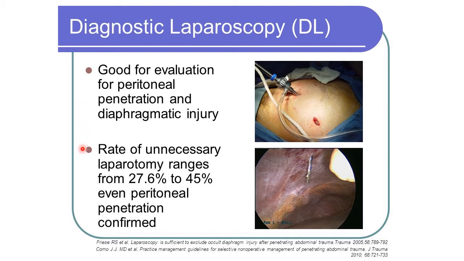The rate of unnecessary laparotomy ranges from 27.6 to 45%, even when peritoneal penetration is confirmed. Therefore, diagnostic laparoscopy is a very useful investigation and treatment for patients with suspected intra-abdominal injuries.